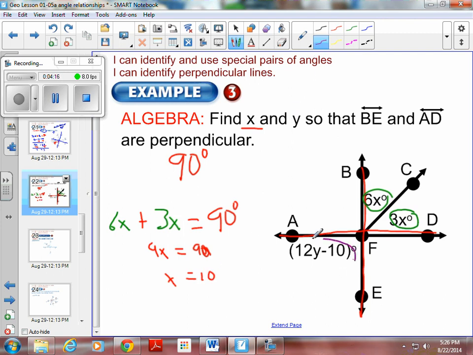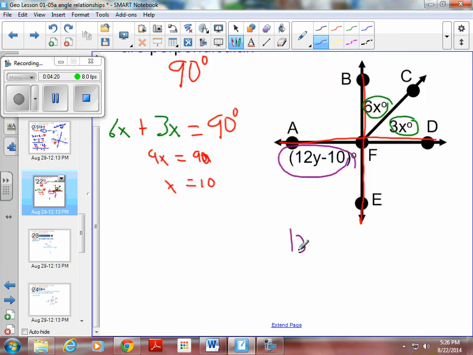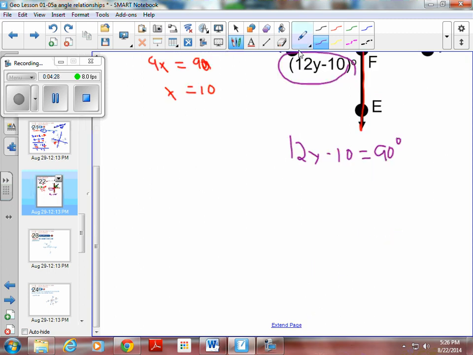Here's my y part, this thing right here. So 12y minus 10 has to be equal to 90 degrees because we know they're perpendicular. And then we're just solving a mathematical algebraic problem. So we're going to add 10 to both sides of the equal sign. So the 12y drops straight down.